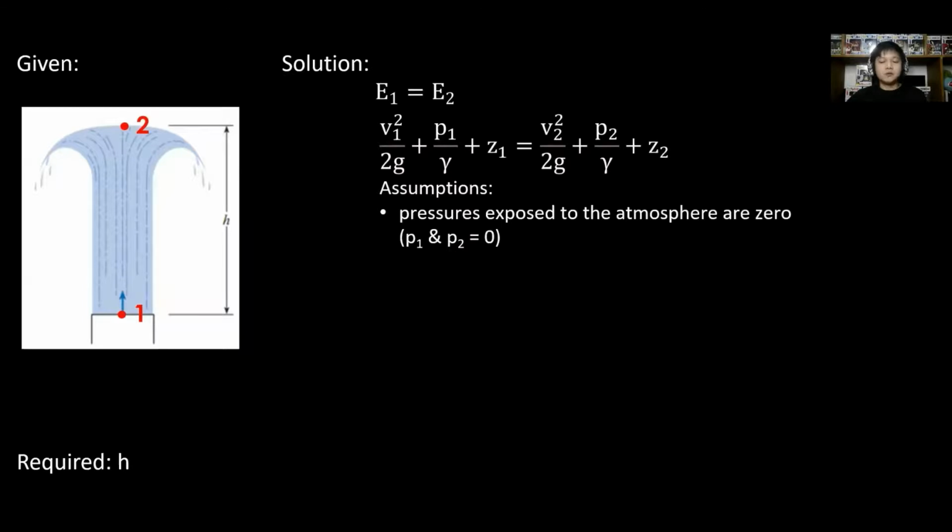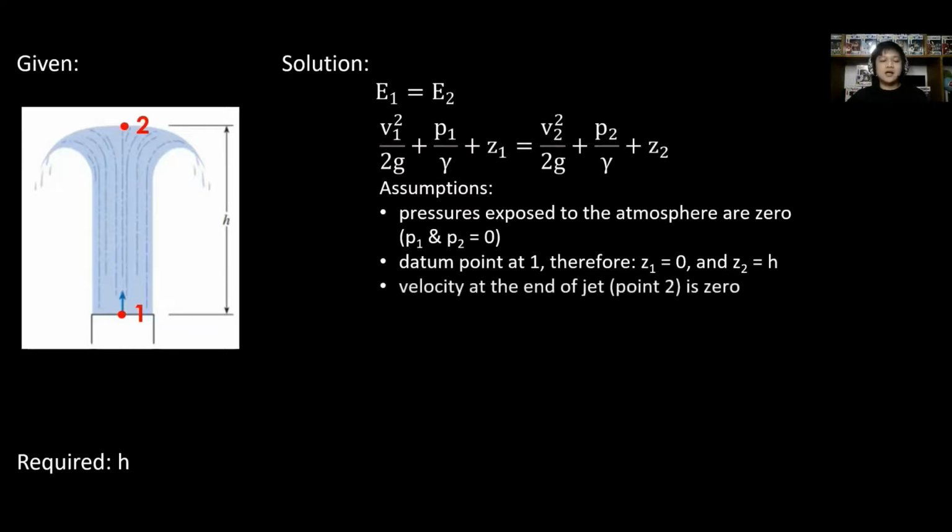Thus, P1 and P2 are equal to 0. Next, the reference or datum is at point 1. Therefore, Z1 is equal to 0 and Z sub 2 is h. Last, the velocity at the end of the jet, or point 2, is 0.